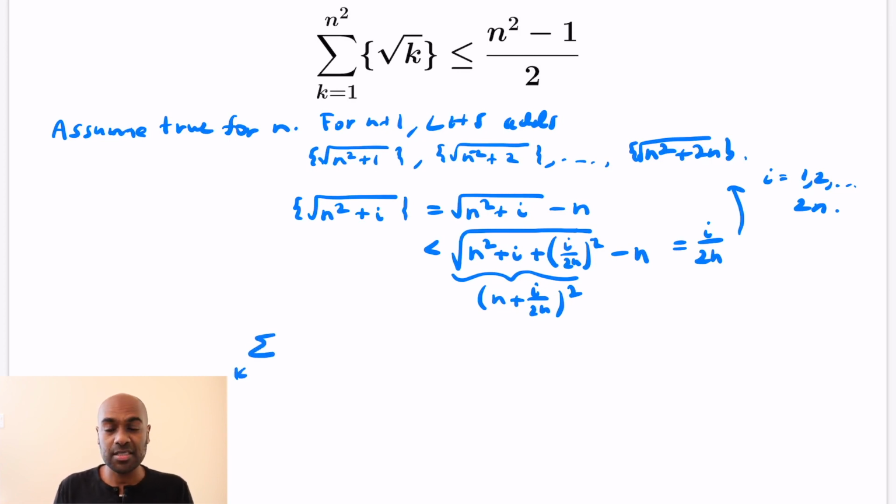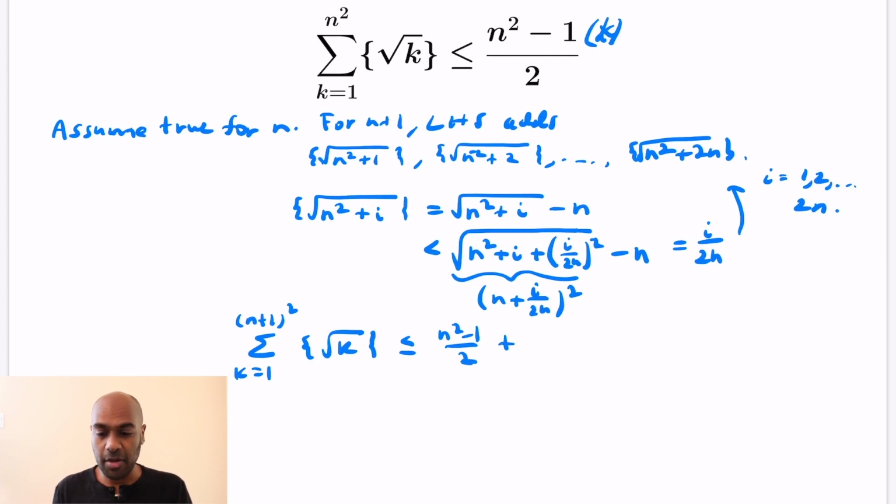So that helps us start with our sum that we have up to n squared and add in the subsequent terms and get an upper bound for the total sum. So the sum k equals 1 to (n+1) squared of the fractional part of the square root of k is going to be bounded above by, from our inductive hypothesis, (n squared minus 1) over 2.